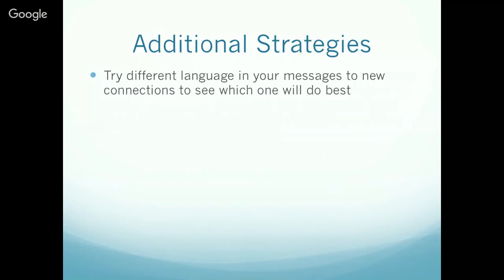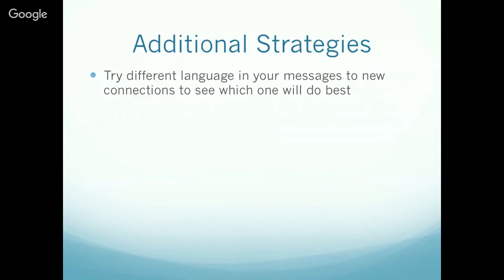So another additional strategy is to try different language, such as different ways of saying things, different offers, different things that you're promoting in your messages to new connections to see which one will do the best.